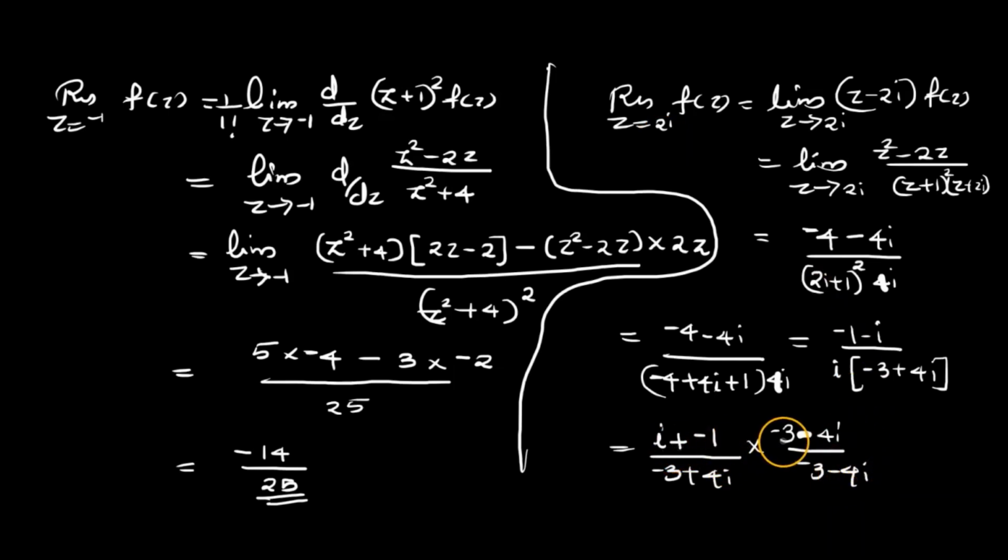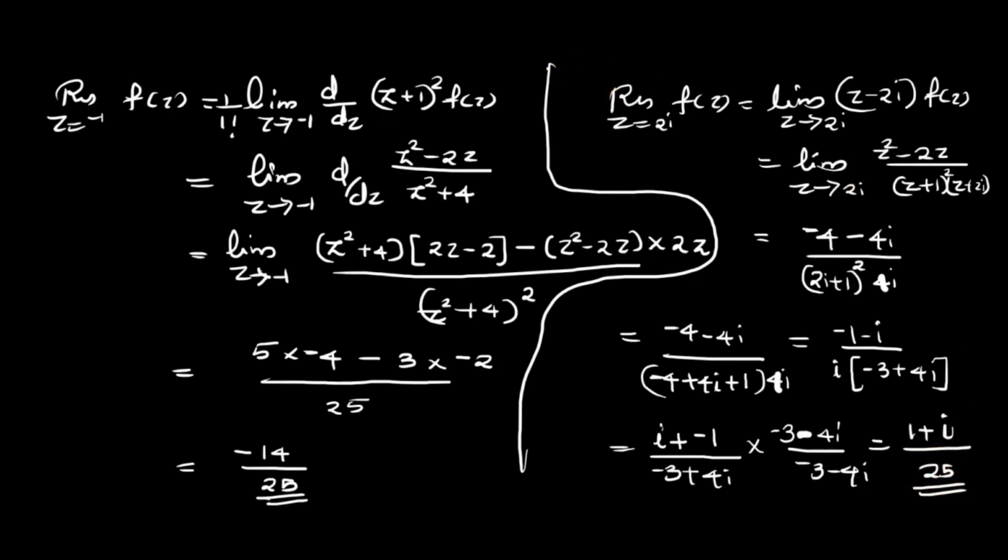Multiplying the numerator, we get 1 plus i. The denominator is (a plus b) into (a minus b), which is a square minus b square. This is 9 plus 16, 25. So this is the residue at z equal to 2i.